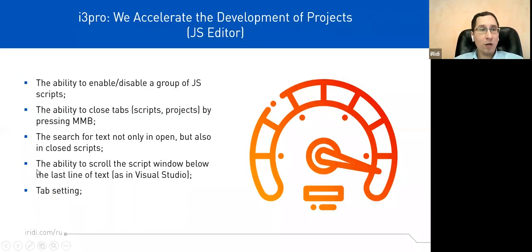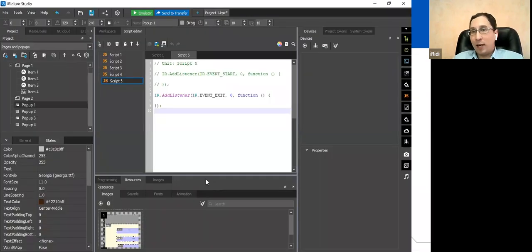The next thing is the ability to scroll the script window below the last line of text, as in Visual Studio. We are like programmers, and from the programmer's side, it's the best way to create some JS script. You have the center of your screen here.